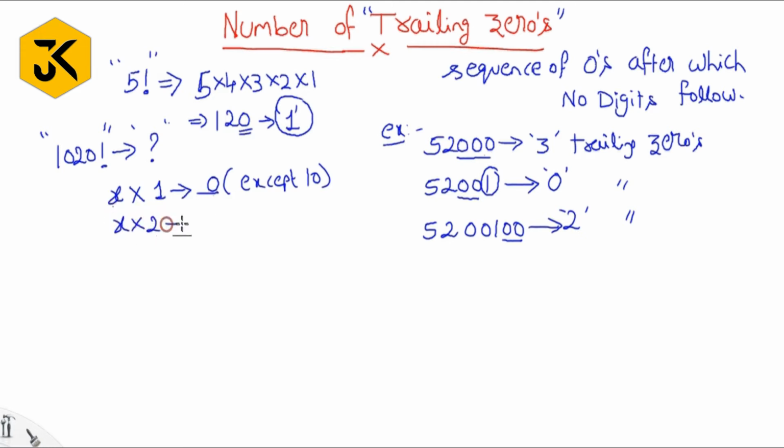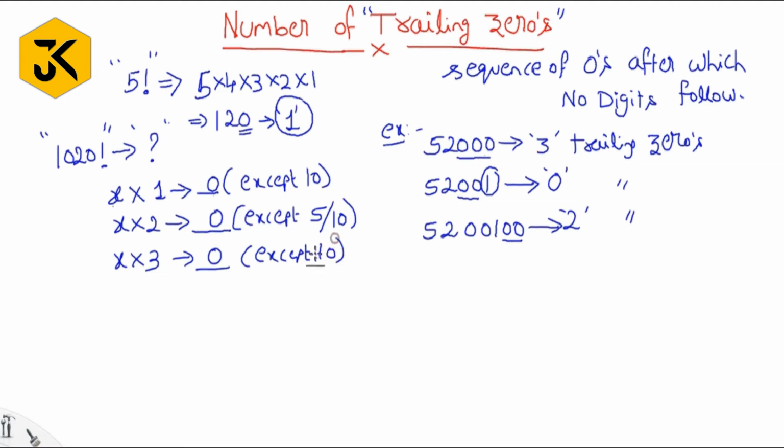Similarly, when multiplying with 2, can we get at least one trailing zero? Yes, only in 2 cases: x is either 5 or 10. Similarly, if you multiply x with 3, you will get a trailing zero only when x is 10. For 4, except 5 or 10, you won't get 0.